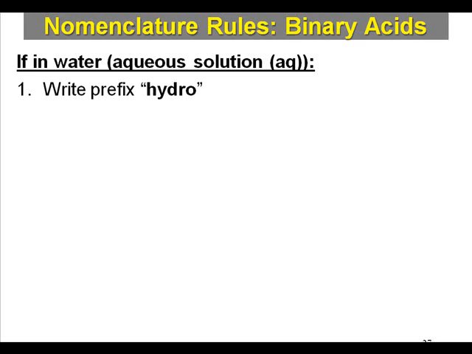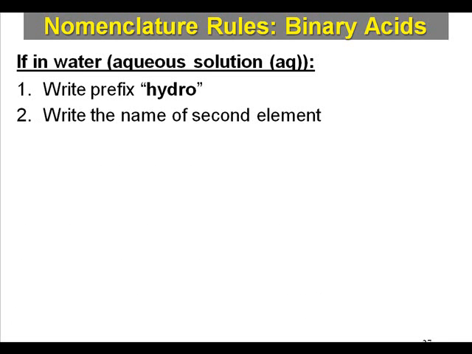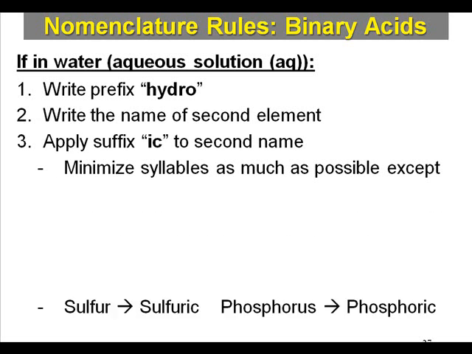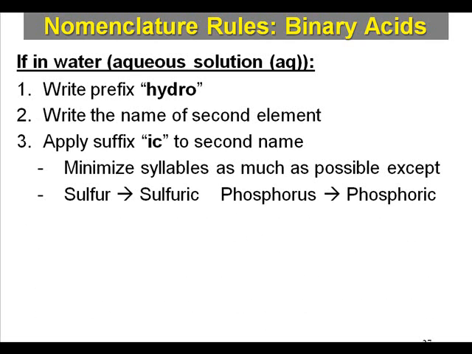When you name an acid that is in aqueous state, you begin by writing hydro, and you simply name the next element with an ic ending. Sulfur becomes sulfuric, phosphorus becomes phosphoric. And you simply tack on the word acid in the end.